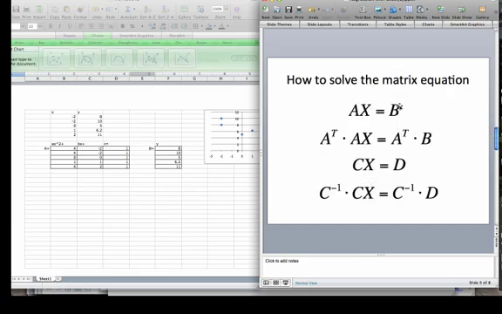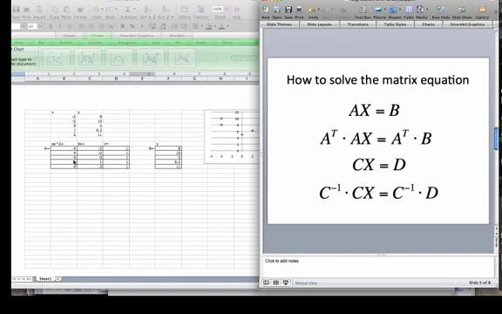In general, we're at this step right here. The A matrix is this matrix. X is a, b, c. And the B matrix is here. In order to do a regression, because this matrix isn't square, I have to square it up.